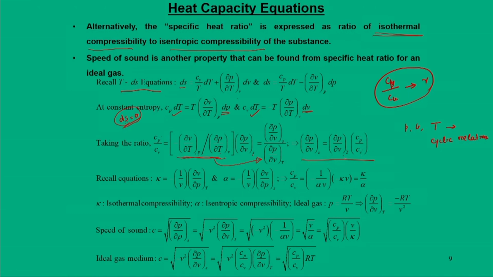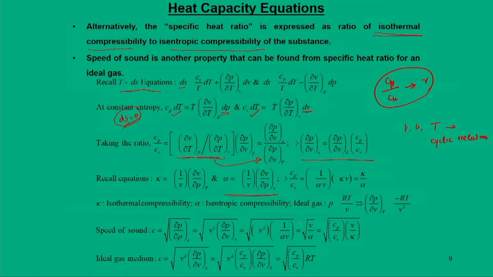Now, we have arrived at these expressions. We are now going to recall the equations for kappa, that is isothermal compressibility, and alpha, the isentropic compressibility. So, from these two equations, when you put them here, we can also find that the Cp by Cv relation is equal to kappa by alpha.